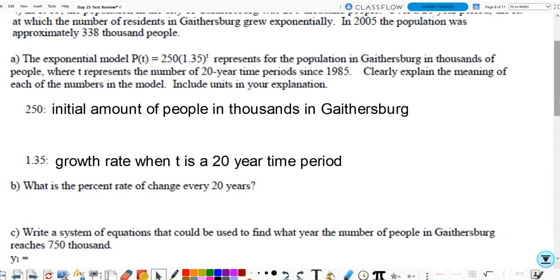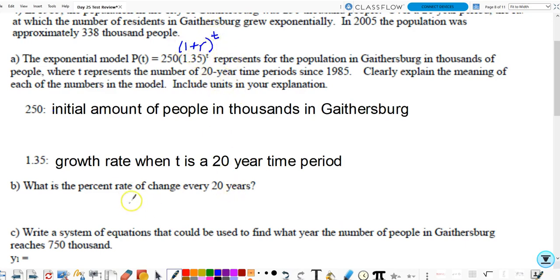What is the percent growth every 20 years? If I think back to my exponential equation, it's the initial amount times 1 plus r to the t.